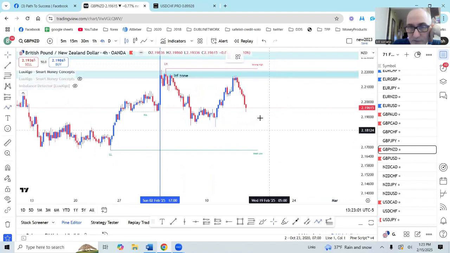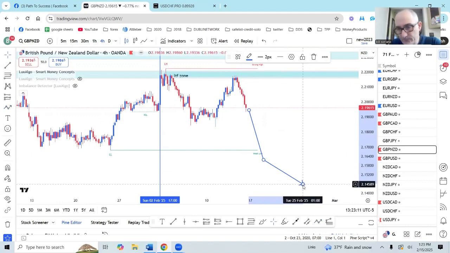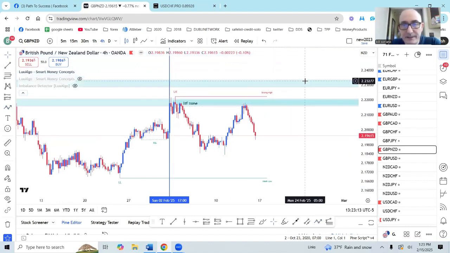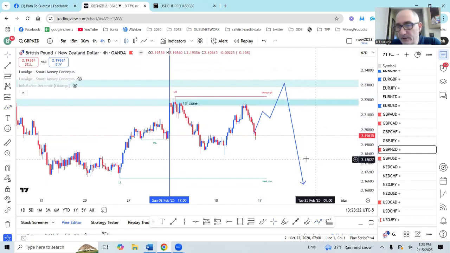You get a break of structure down past this area here, then you can identify a new supply zone to trade from. Or price may move up into that next zone before doing that, and you could trade down from there, depending on what that looks like.